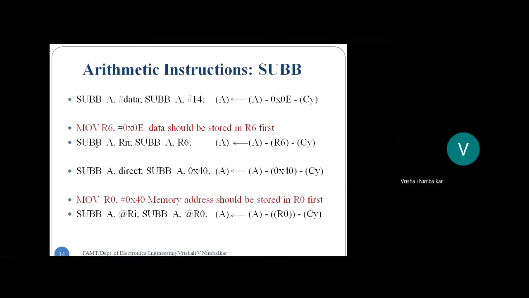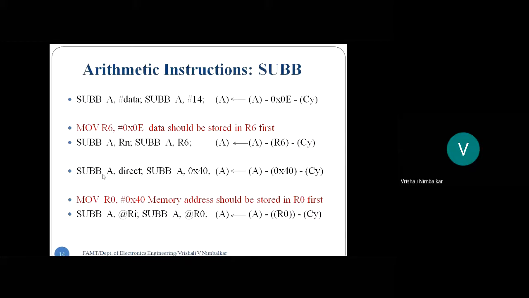Next, SUBB A comma RN. Example is SUBB A comma R6. So the data from A minus the data from R6 minus the carry bit. And the result is stored back. So make sure you have the number in R6, MOV R6 comma hash 14, before using the instruction. Okay.